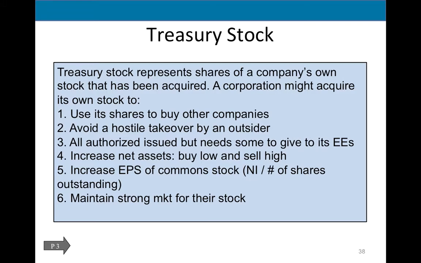How much income, how much profit did every share make? So if the net income is not increasing or not changing, the company can artificially decrease the number of shares. How do they do it? Well, they take it out of circulation. They buy their own shares of stock, so their earnings per share looks higher, even though they actually did not make more net income. And there are other reasons here, right?